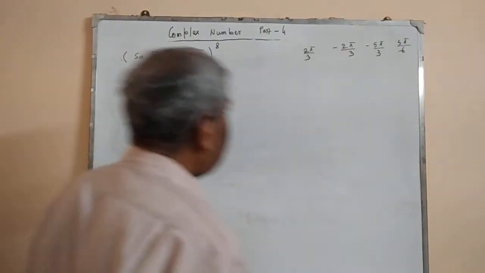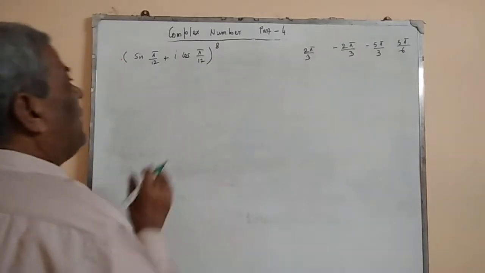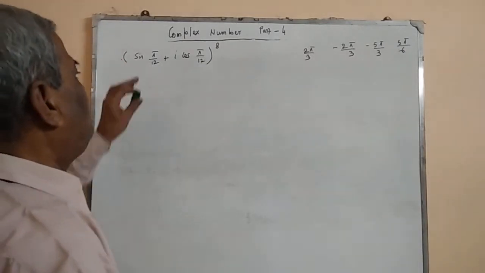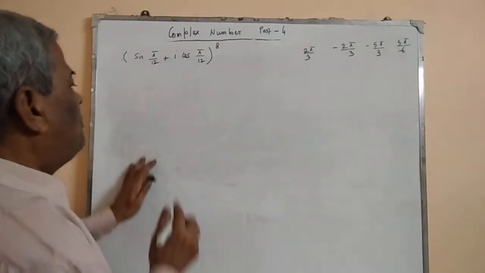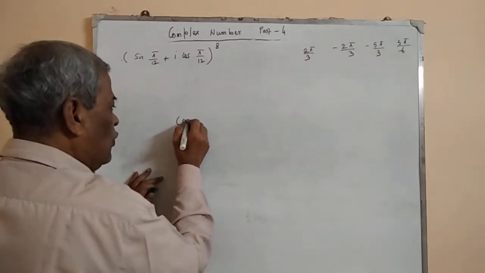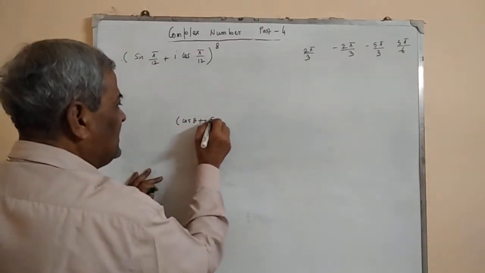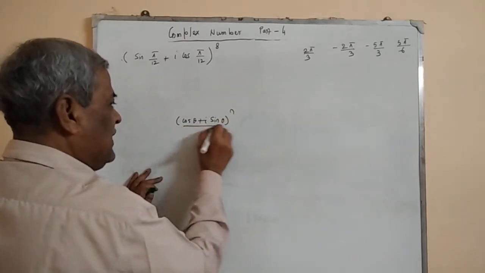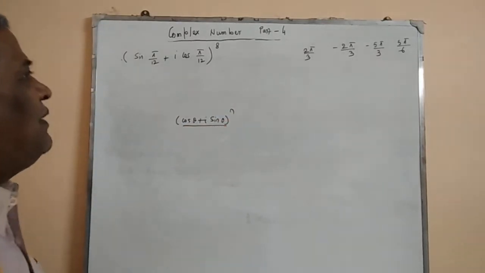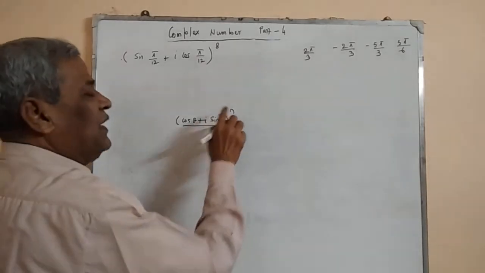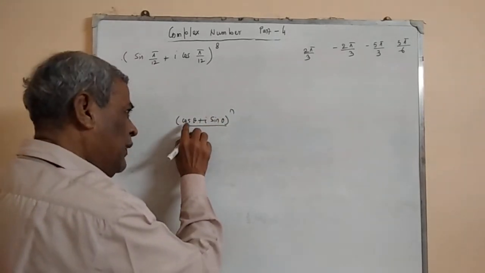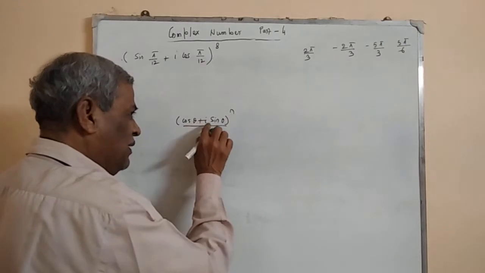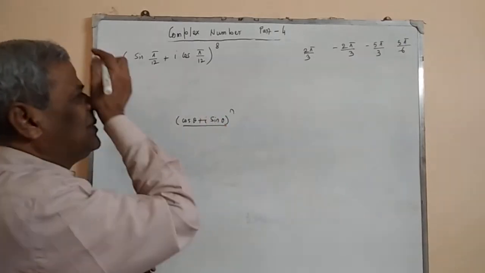So, to apply De Moivre's theorem, this must be of the form (cos theta + i sin theta) to the power n, and if n is an integer, the answer will be cos n theta + i sin n theta.